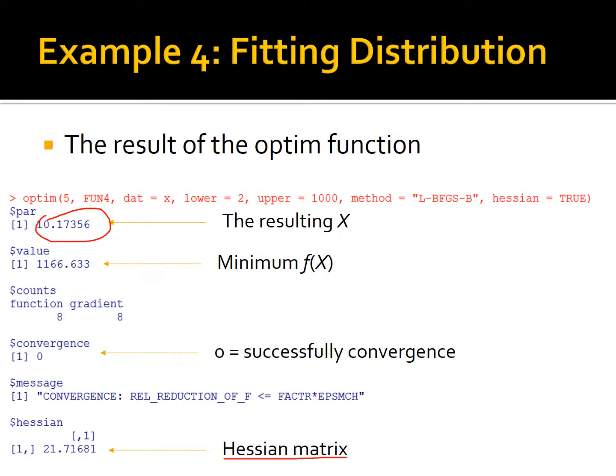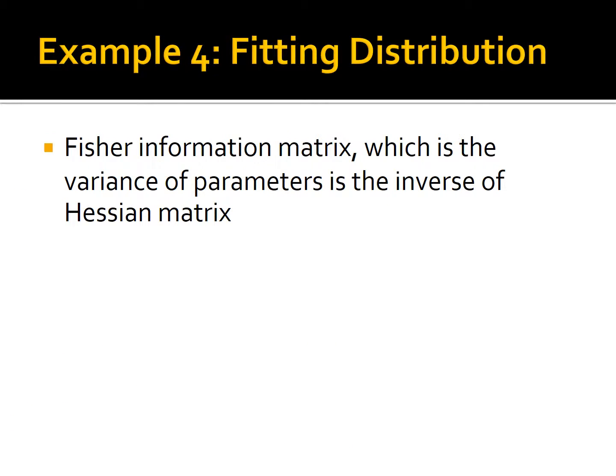So let's pretend that this one is the desired answer, and we would like to find the standard information matrix, which is the variance of the parameter, the inverse of the Hessian matrix.